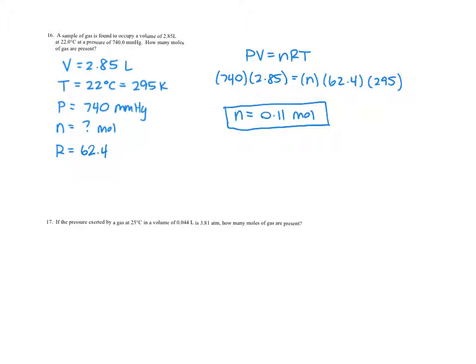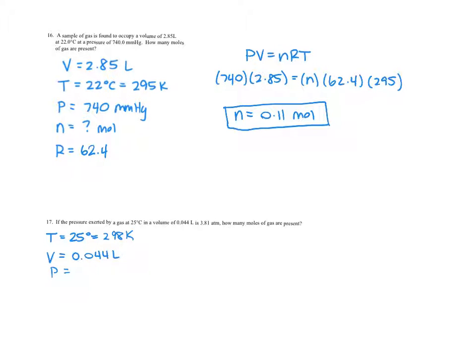If the pressure exerted by a gas at 25 degrees, so there's a temp. Again, right away, I'm going to turn that to Kelvin. It's always good to do that so you don't forget later. So 298 K. In a volume of 0.044 liters, so there's a V, is 3.81 ATM.